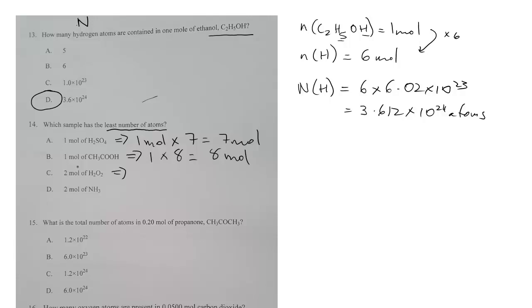In this case, we actually have double the amount of moles, so we have to go 2 times the atoms, which is 4. So it's still 8 mole of atoms. And in this case, it's 2 times, again, 4 atoms.